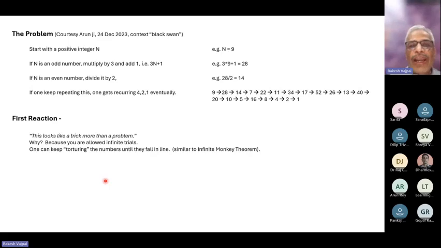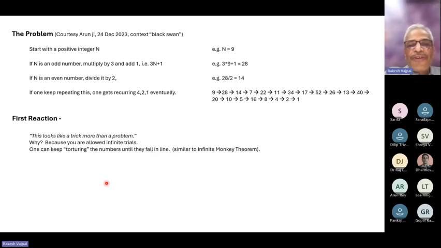So I saw this the very next morning, and my first reaction was that this looks more like a trick than a problem. And why I thought so is because it says you can do this any number of times until you reach 4, 2, and 1. You can keep trying it. So this looked like a problem where, because you have infinite trials, you would keep torturing the numbers until they fall in line.